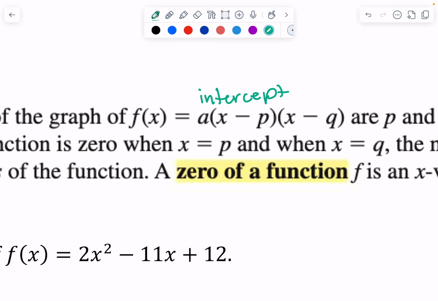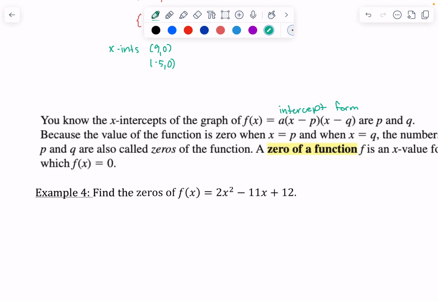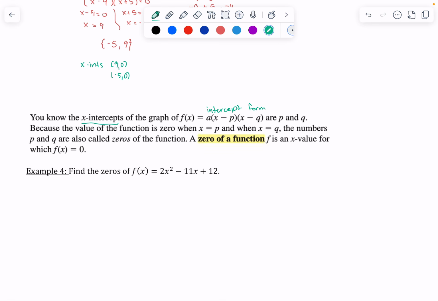Don't forget that, okay? We know that p and q represent the x-intercepts, which also are the solutions to the equation. Because the value of the function is 0 when x equals p and x equals q, right? The function, meaning the y value, is 0 at the x-intercepts.